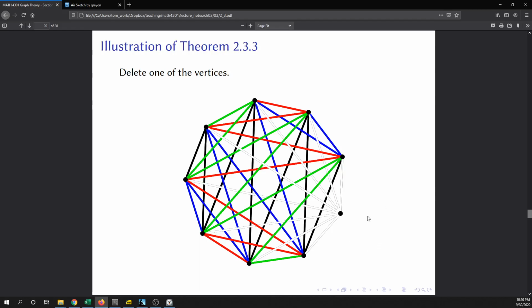All right, and we already talked about in a previous video that if you delete one of the vertices from a complete graph, then the remaining graph is isomorphic to the complete graph on one fewer vertex, because again, every vertex is adjacent to every other vertex. And so really any bijection between the vertex sets is going to work as an isomorphism.